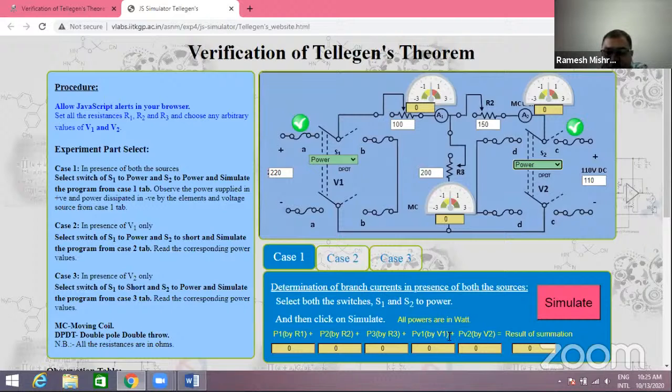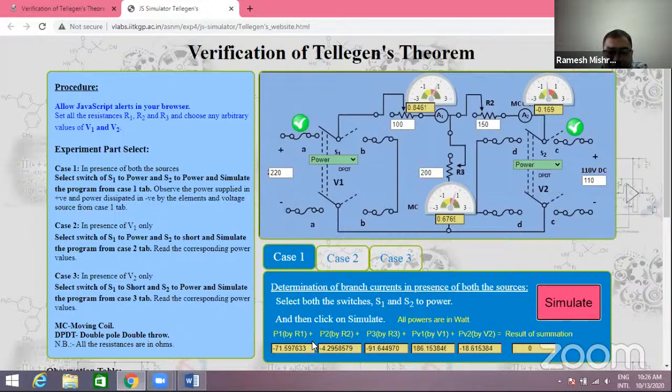We can find out the source power here, and the power of the second voltage source is there. Every reading you can calculate with both switches connected, and we can find out all values. Now we can simulate here.